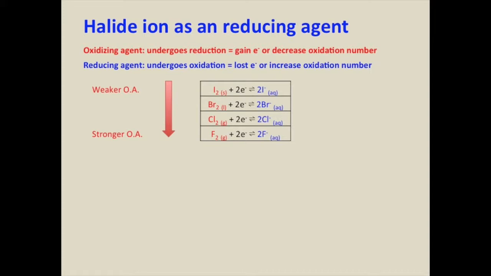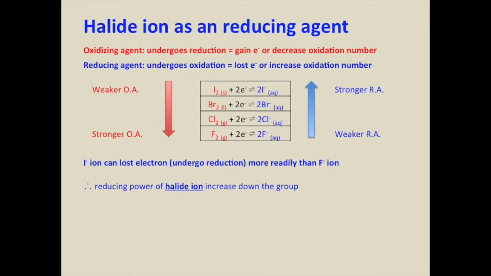That means that they are a stronger reducing agent because they can lose their electron easier. On the other hand, fluoride ion cannot lose electron easily, so the fluoride ion is a weaker reducing agent. The final conclusion we can draw is the reducing power of halide ion increases down the group.